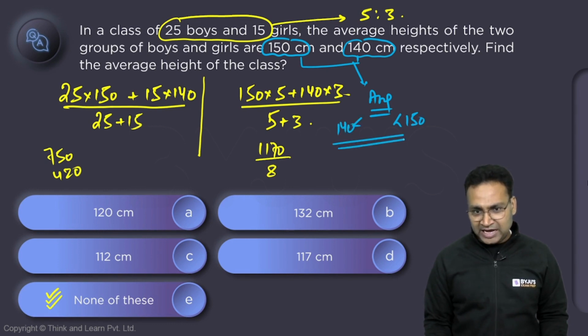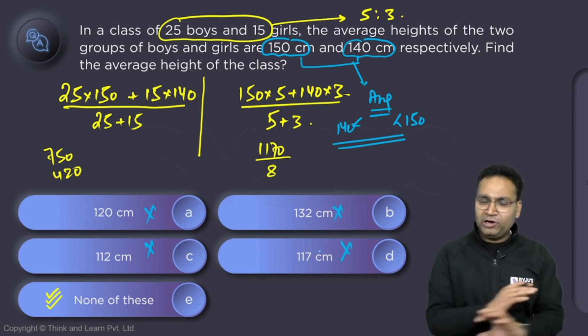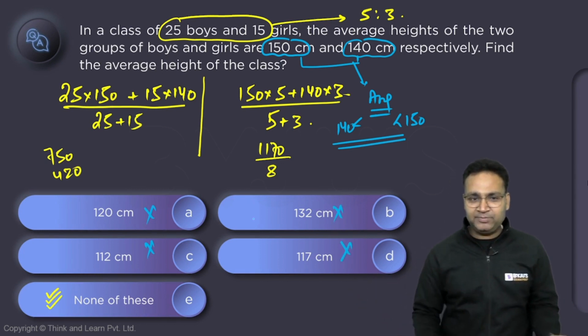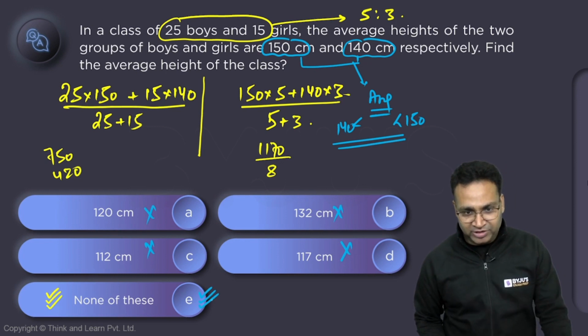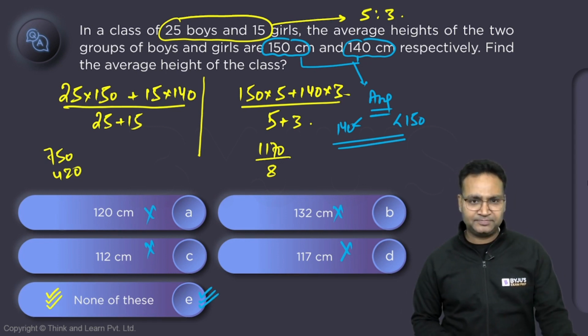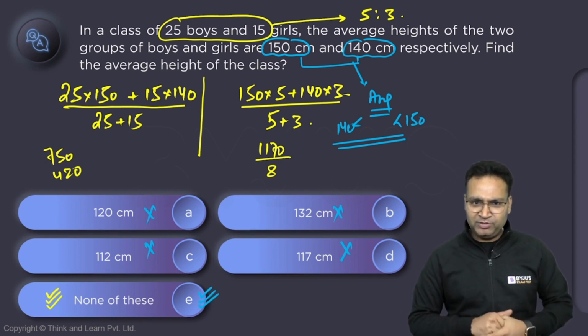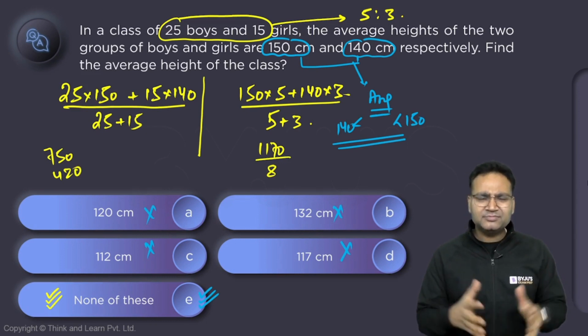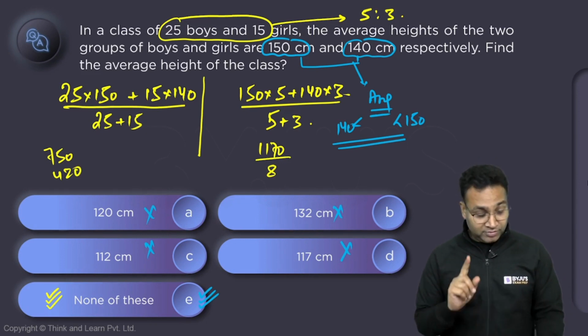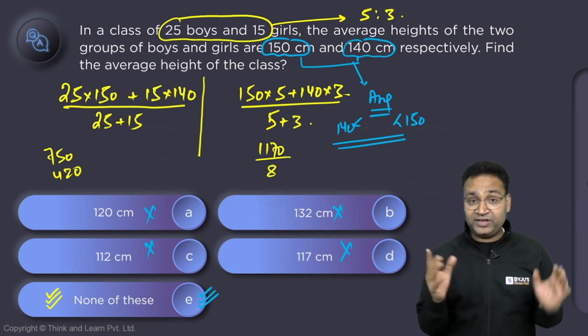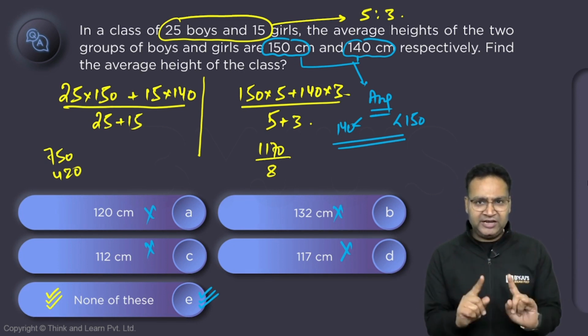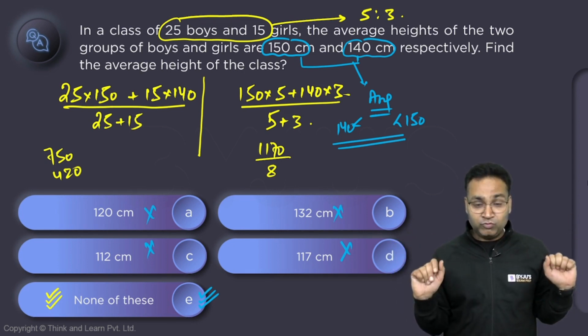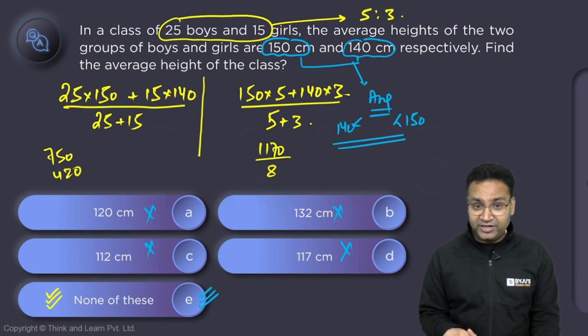If you look at the answer options, this and this are all discarded. Your answer can be option E, without writing anything on paper. Very much possible, right? That's my point. So I have told you that whenever we are thinking about average, it must be between the two. Would it happen in the exam? Yes, definitely. That's what I am telling you.